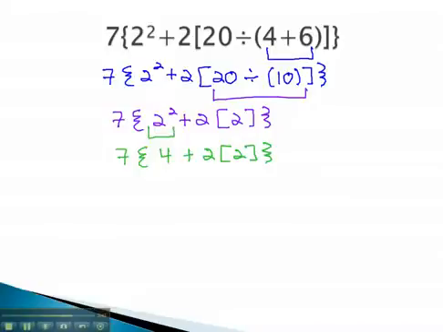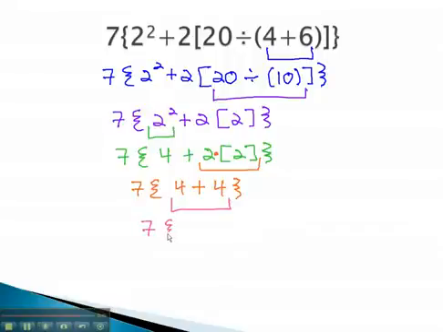Continuing to work in the parentheses, multiplication must be done next. So we have 7 times 4 plus 2 times 2 is 4. Now, we can simplify that parentheses by simply doing that addition, giving us 7 times 8.